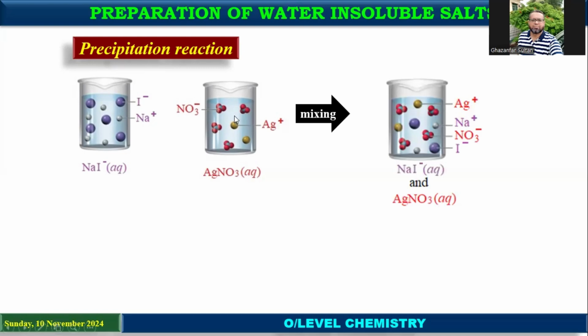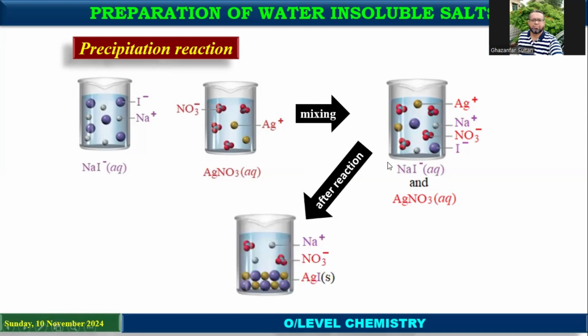Both of the compounds are in the same solution, so they are in ionized form, and they will collide with other molecules as well as these ions. So they may collide with the opposite ions which form insoluble compounds. For example, silver and iodide, when they collide, they produce this insoluble salt.